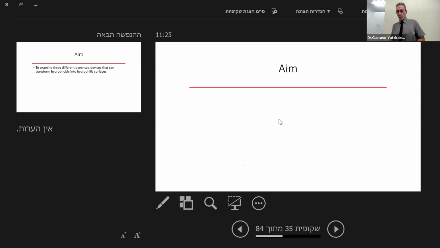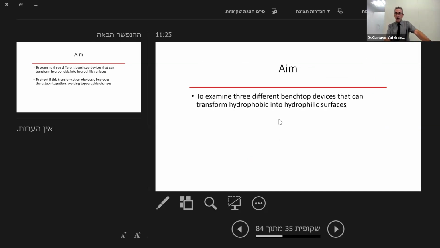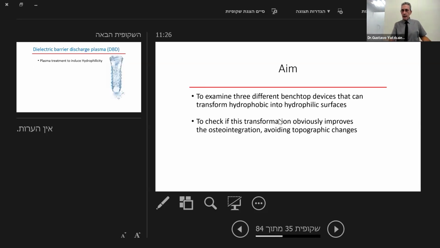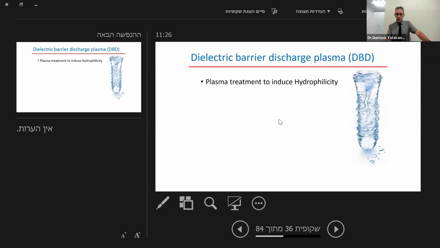The group of Professor Schwartz did this research in order to examine 3 different benchtop devices and to see if those surfaces are changed from hydrophobic to hydrophilic, but not only. The second goal was to check if this transformation improves the osseointegration.